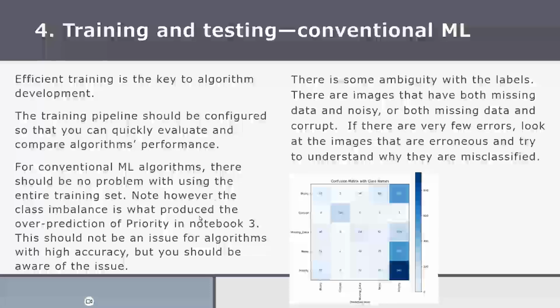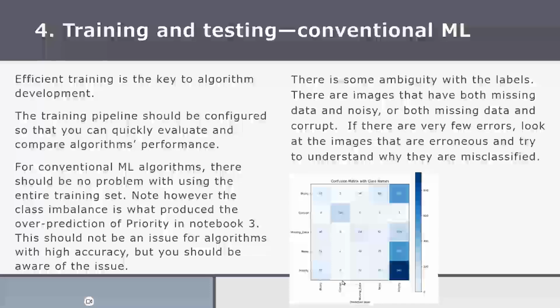If you look at notebook 3, again, that was a very bad algorithm, but you can see in the confusion matrix, many of the instances that were actually blurry, corrupt, missing data, or noisy were misclassified as priority. And the reason for that is that there were many more priority than there were of anything else.